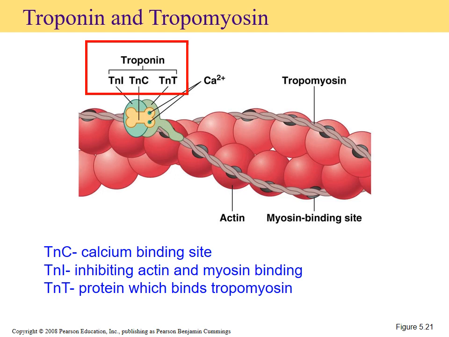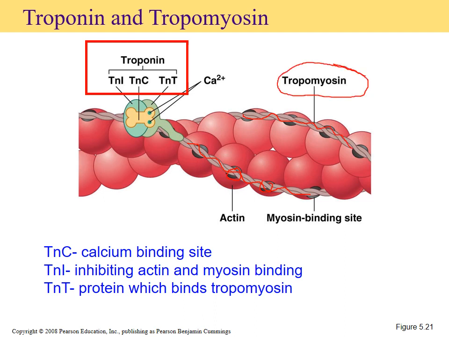So take a look at this illustration. What it's showing you in red are your actin molecules, so that's your thin filament. The binding sites of the actin, here in black, are covered by this purple linear structure, that is tropomyosin.